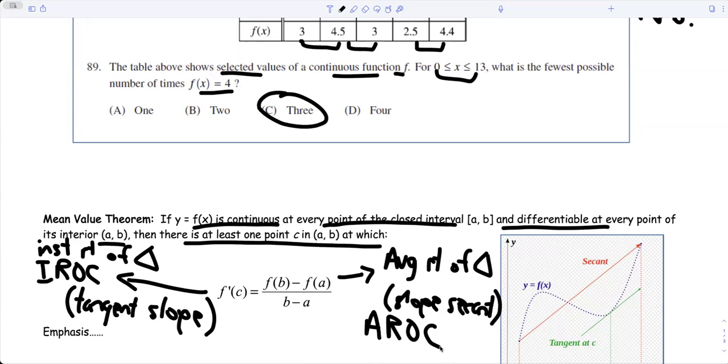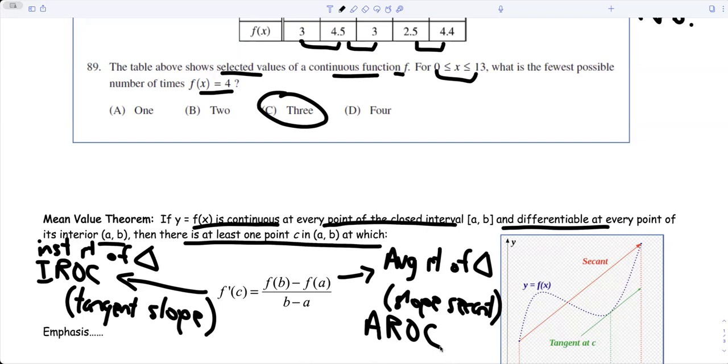So if I am driving on 75 again in my calculus Ferrari, and my function is continuous, and I average 60 miles per hour driving from McKinney to Plano, then that means at least one time, at some point, I was driving 60. I have to be.